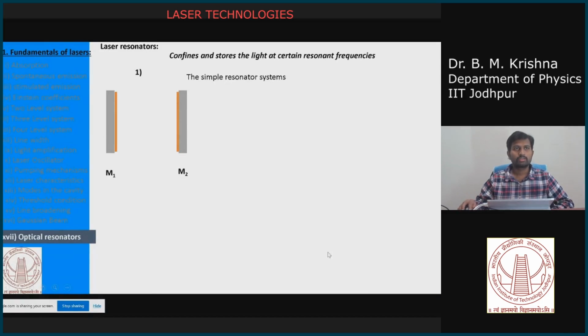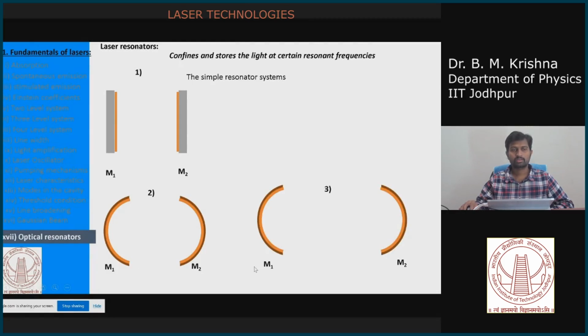Okay, so now using two plane mirrors you can construct a resonator, and using spherical mirrors you can also construct a resonator. The major difference between the second and third is the distance, how far apart they are. Okay, so that decides the different resonating frequencies.